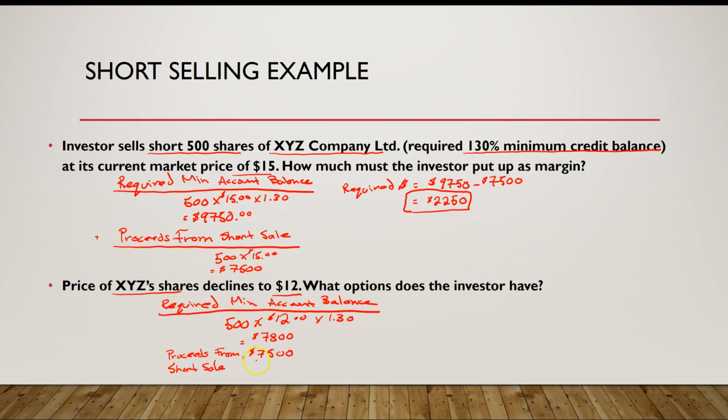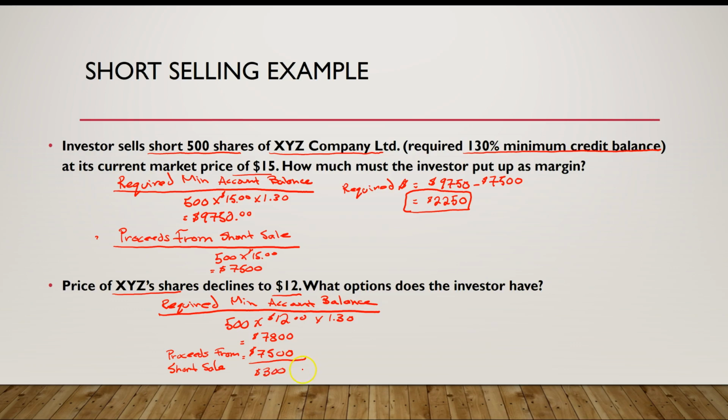Well, now all of a sudden, if we already have $7,500 in our account from the proceeds, the minimum account balance now, if the price has dropped to 12, the required capital that I must put in is only $300, right?